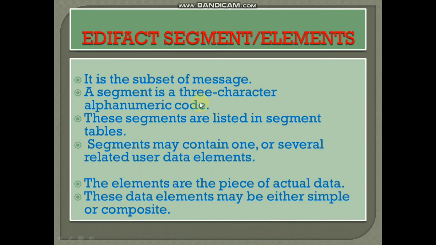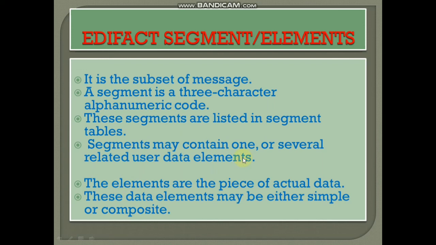Here in the segment you will have a 3-character alphanumeric code. That is, the message will consider only alphabets, and segments will consider 3 characters with a combination of alphanumeric code. These segments are listed in segment tables. Segments may contain one or several related user data elements.